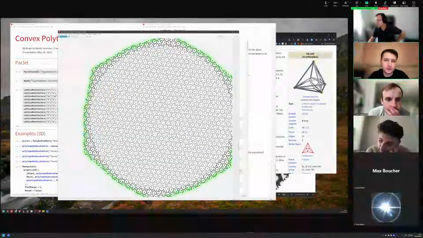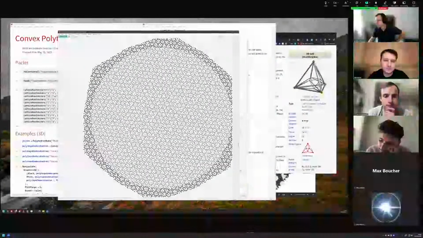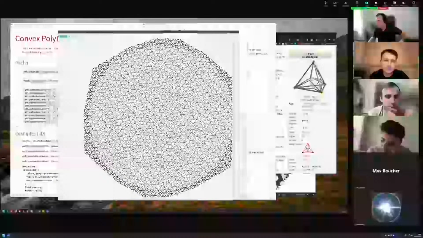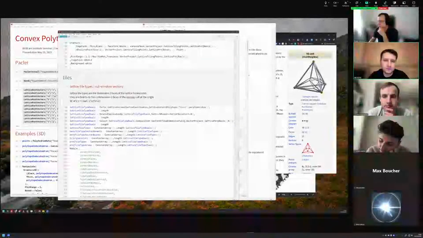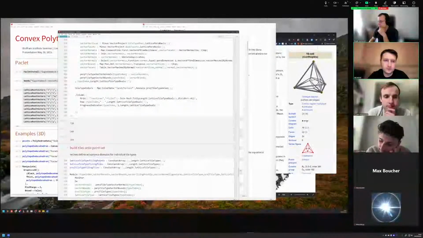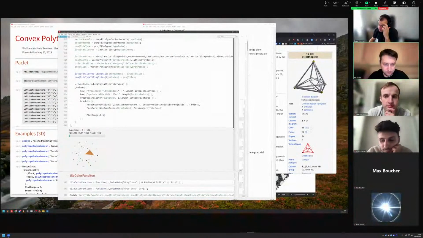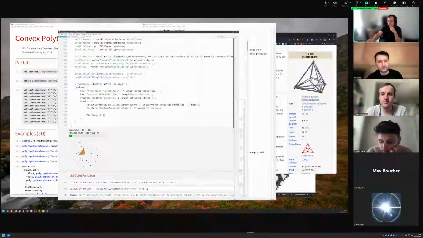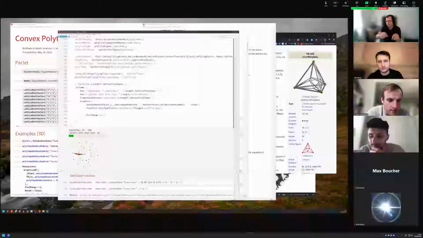Nice. And on that point set, there are going to be tiles, in this case triangles, that fill in the gaps between those vertices.